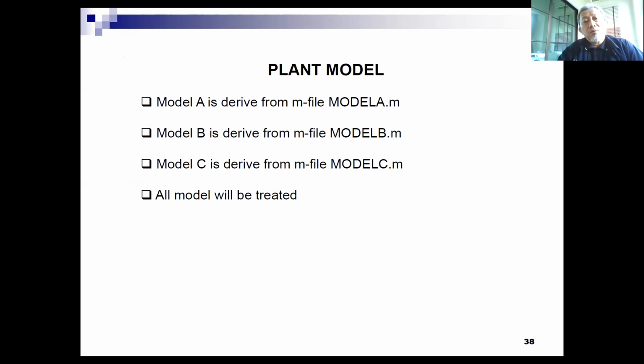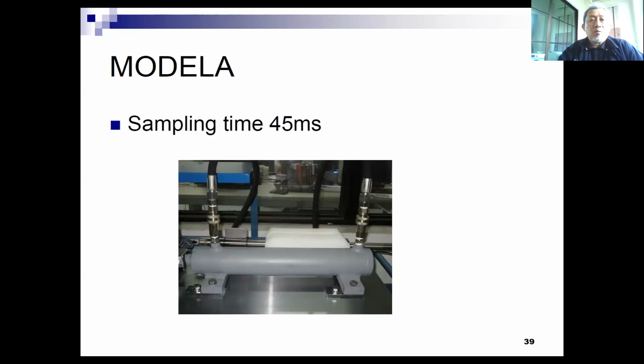So all models will be treated. We start with the sampling time of model A, which is 45 millisecond, so 0.045 second, because in the System ID toolbox we have to key in the sampling time.